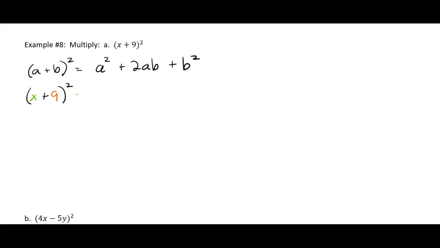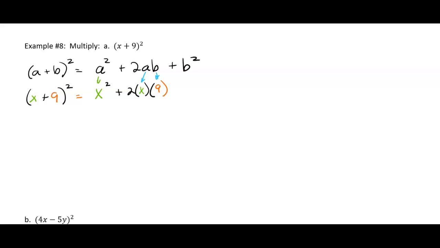On the other side, for every a, we're going to put in an x, and for every b, we're going to put in a 9. Here we would have x for the a, squared because that's what the formula says to do, plus 2 times x times b, which is 9.